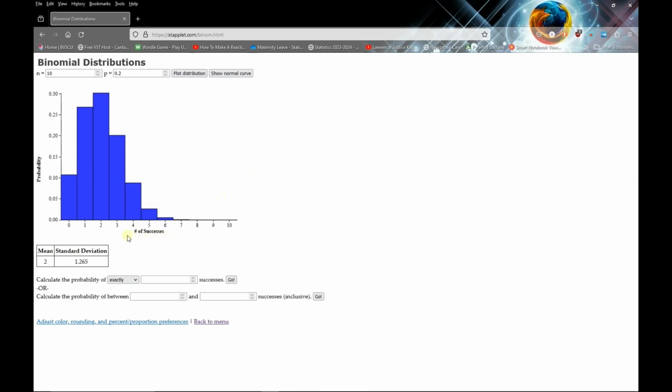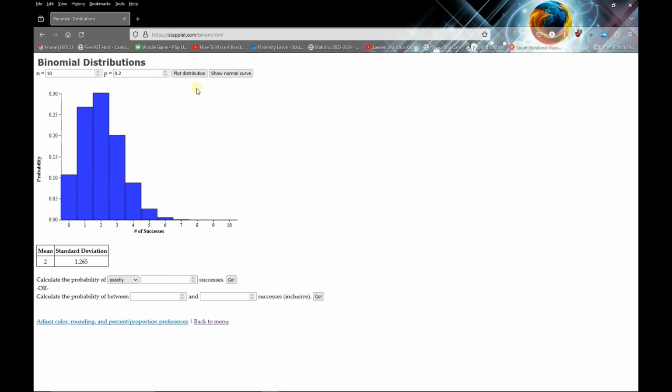The values for x are on the horizontal, 0 through 10. And the probability of each is extended on the vertical. And you can kind of see that the probability here is kind of clustered around 2. Because if you think about it, if you have a 20% chance of getting any question right and you do 10 of them, you would expect to get 2.